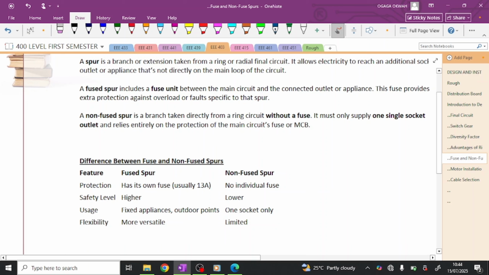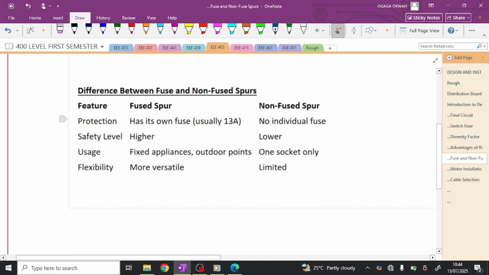Simple as that, straightforward. So the difference between them, let's look closely at these features: in terms of protection, in terms of safety, in terms of usage and flexibility. For protection, a fuse spur has its own fuse, usually 13 amps, while non-fuse has no individual fuse, just like the name. For safety level, when you put a fuse here, the safety is higher, and for the other, the safety is lower.